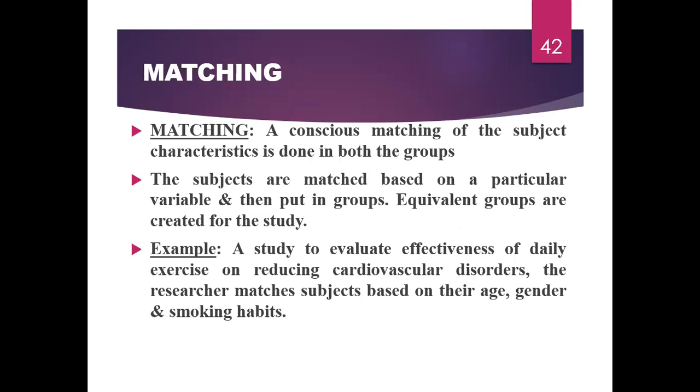For example, a study to evaluate the effectiveness of daily exercise on reducing cardiovascular disorders. The researcher matches the subjects based on their age, gender, and smoking habits. So this was about the matching.